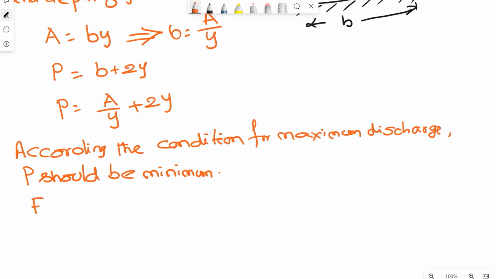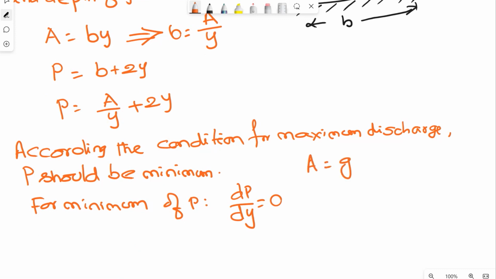What is the condition for minimum of P? It is dP by dy is equal to 0, because A is constant. Already we have taken A as given, that means it is constant. That is an important thing. The only variable here is y, so dP by dy is equal to 0.